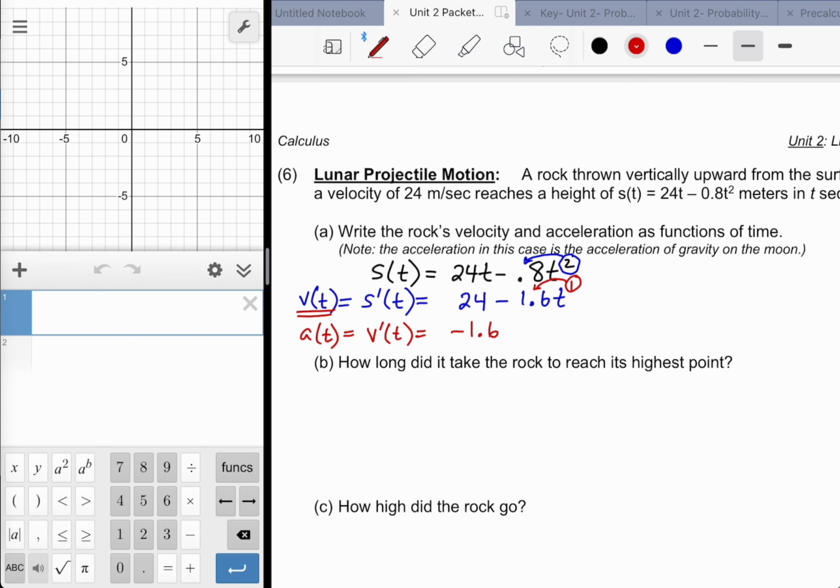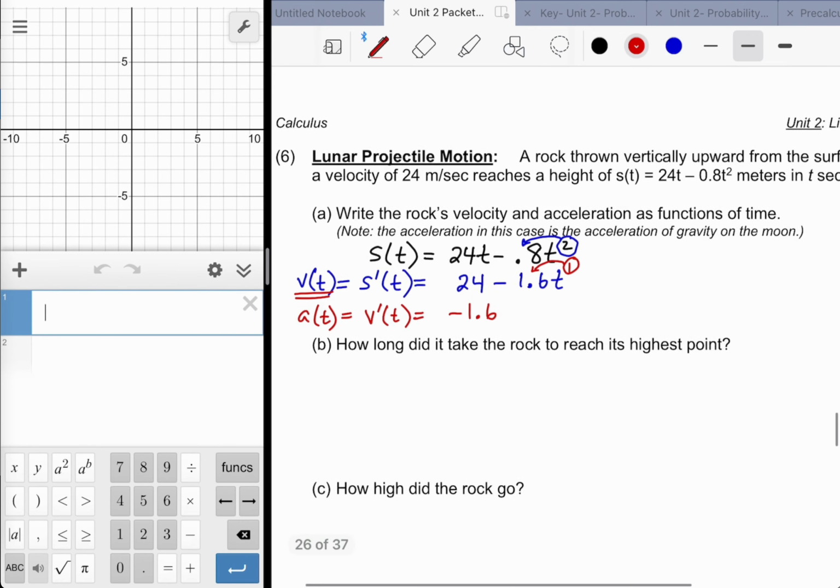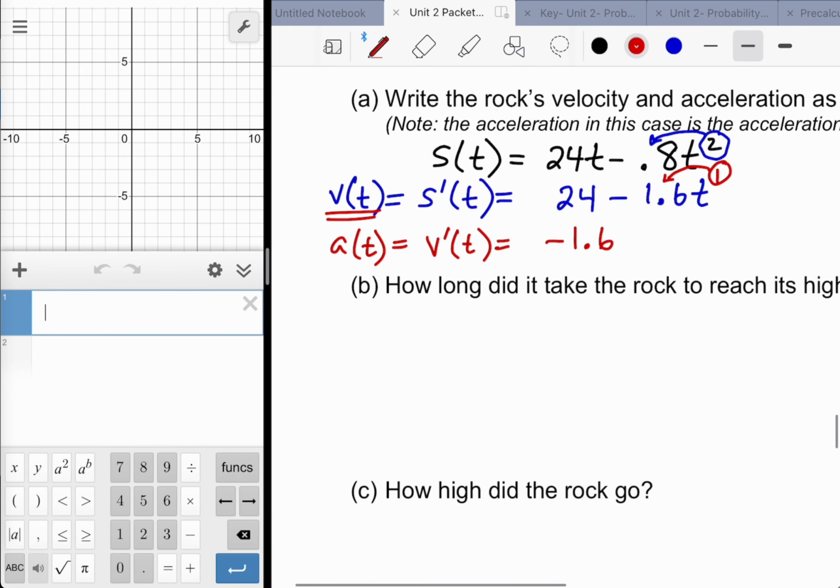And since acceleration is talking about an object that's being thrown downward vertically, or at least in this case, thrown downward vertically on the moon, the only thing that would be impacting its motion would be the acceleration due to gravity beyond the initial downward force.